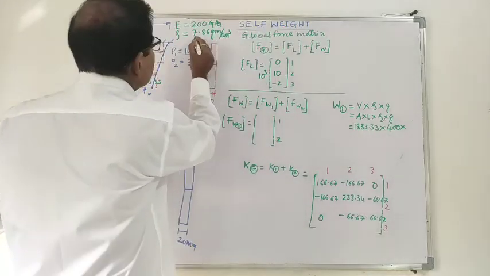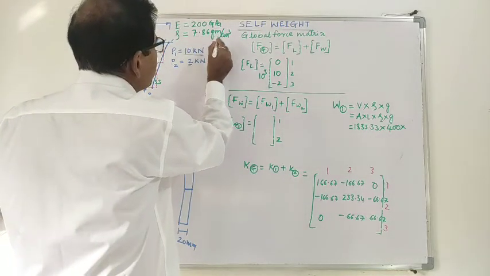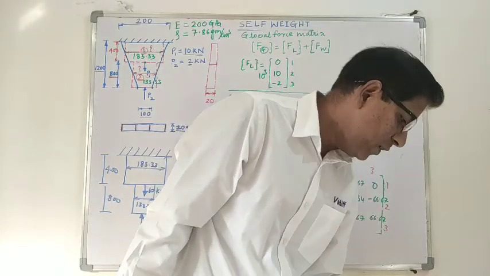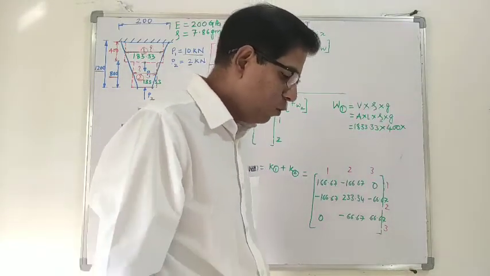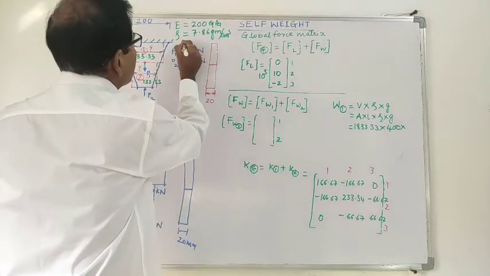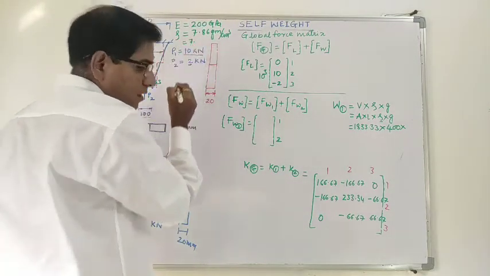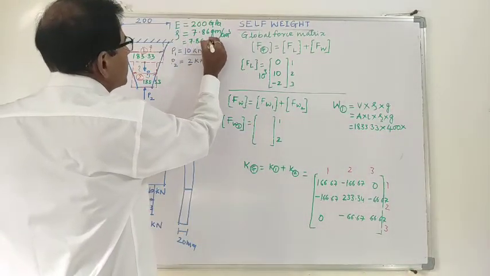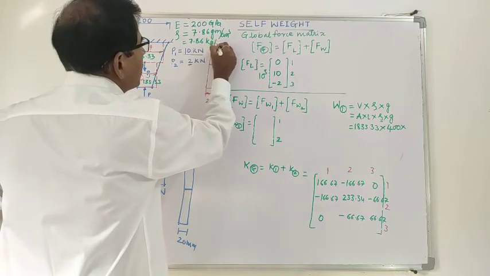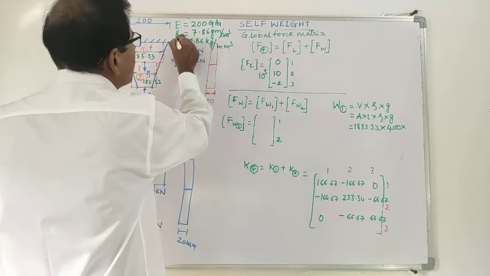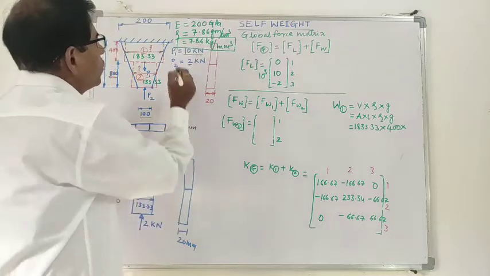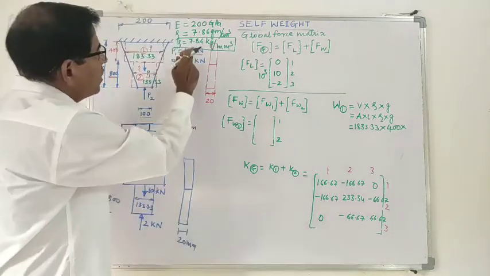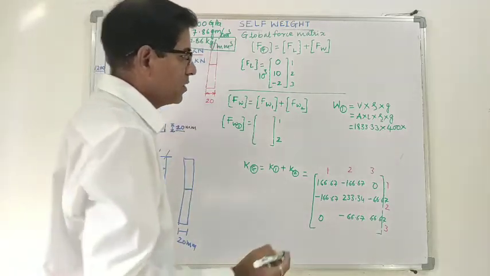This rho is given as 7.86 gram per centimeter cube. Now if you convert this into kg per mm cube, so this is 7.86 kg per mm cube. If you convert gram per centimeter cube to kg per mm cube, it will remain the same, 7.86.